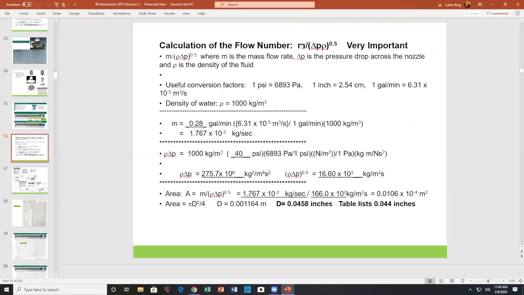As the nozzle is used and worn, the flow number changes because the area of the nozzle changes. Say the nozzle clogs, right? So that means area is reduced. Suppose the nozzle is worn, so that means area increases, right?